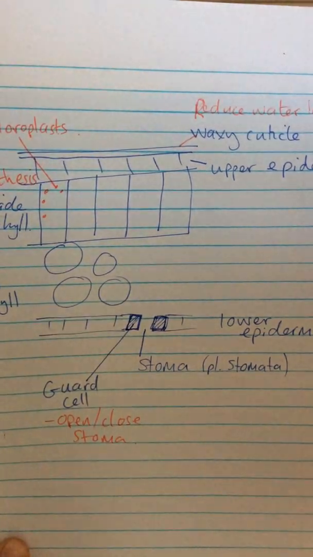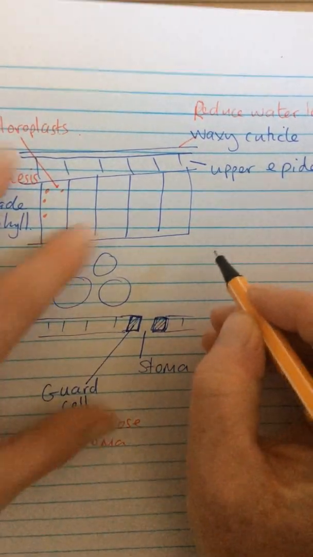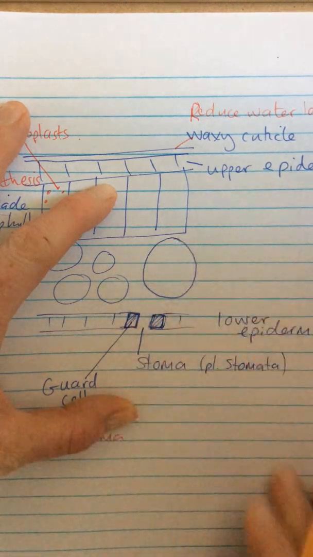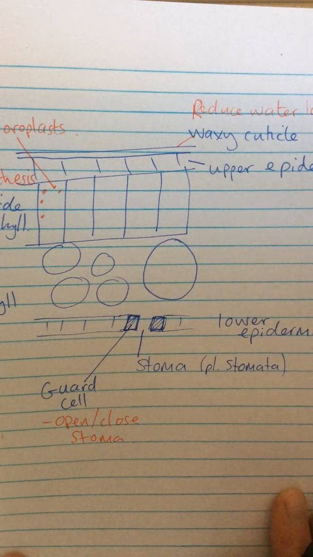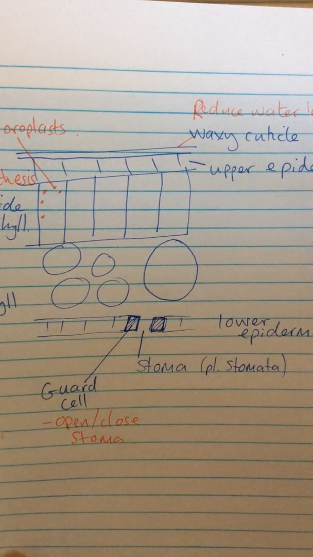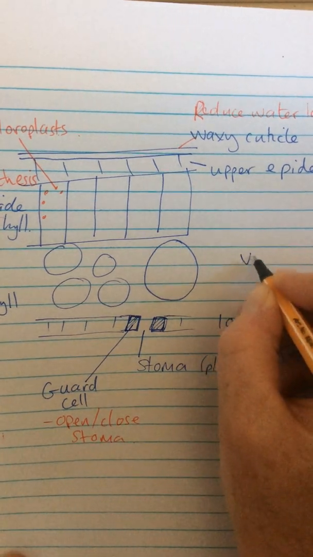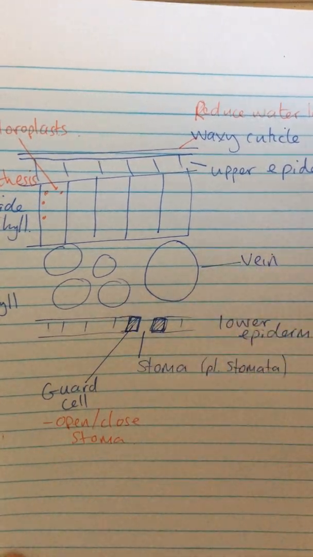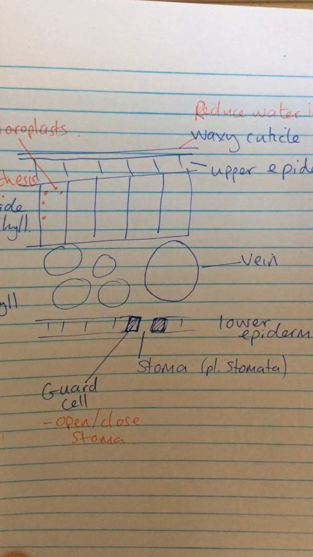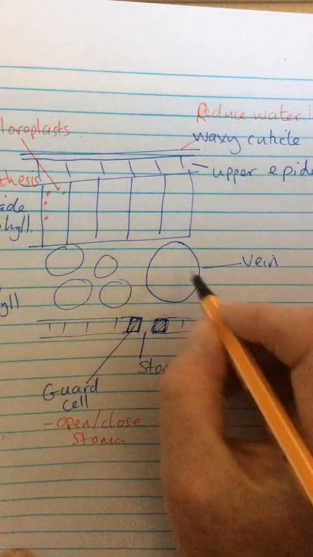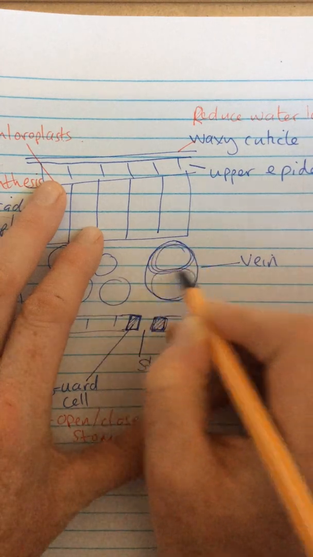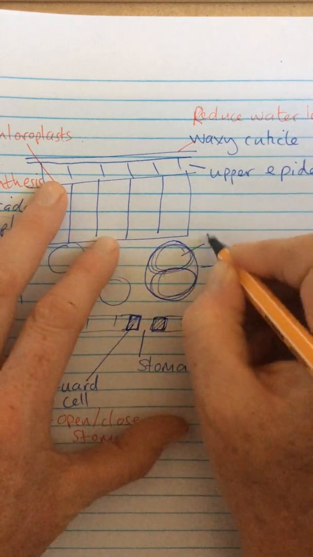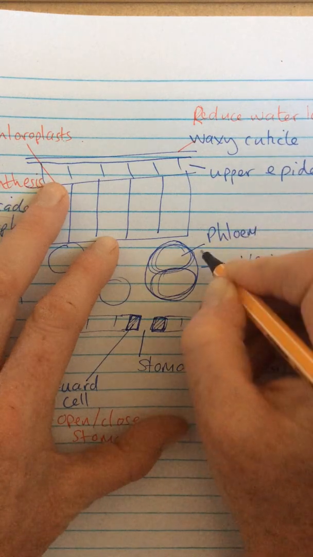And then the additional part that we want to add in the middle, there's a great big part. If you remember last lesson, I showed you a leaf and I showed you how I cut through it to see this view of the tissues. Well, in there you noticed that there were veins. So the vein in the leaf is a great big round bit, and inside that there are two different types of tissues, some near the top, some near the bottom, and they are called phloem and xylem.